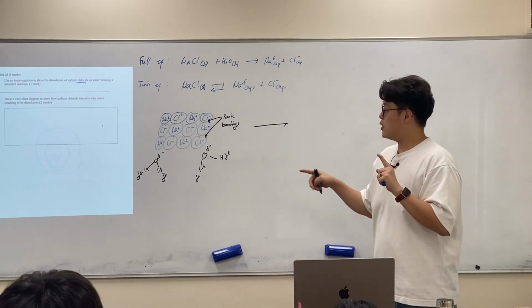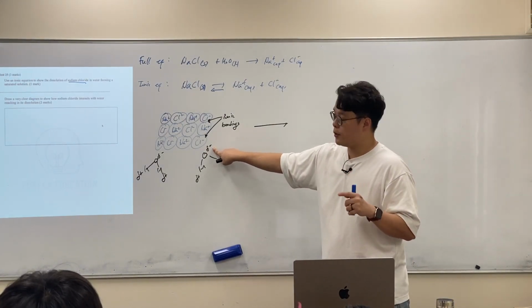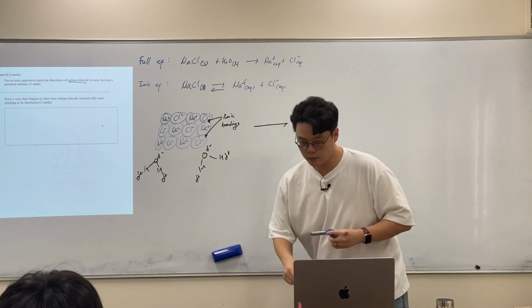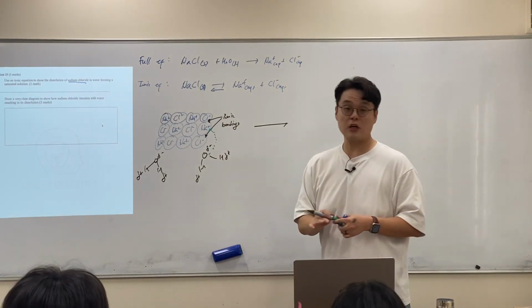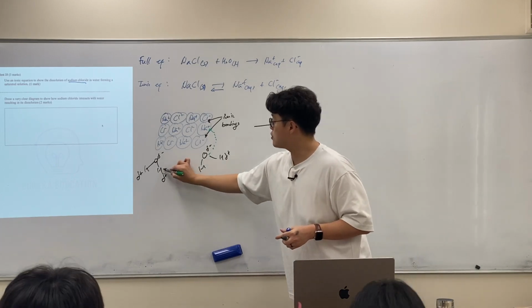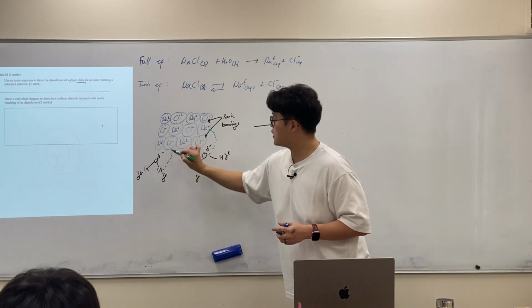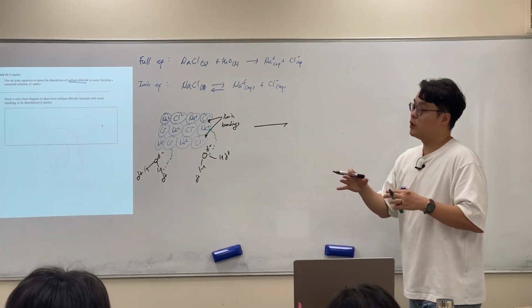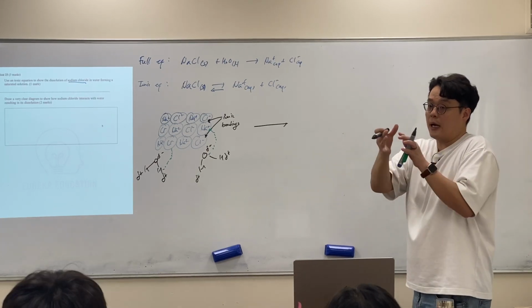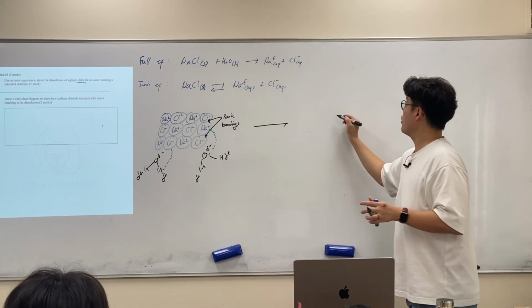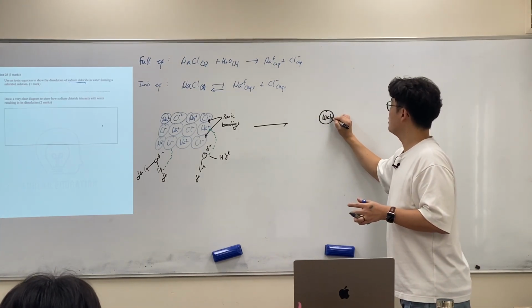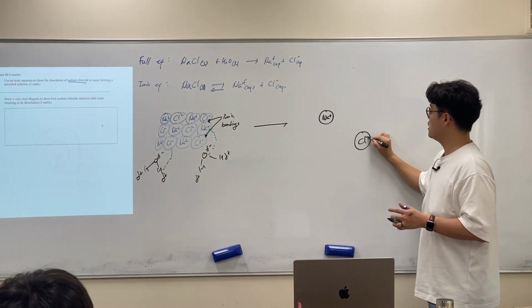So this minus will be attracted towards the positive charge over here, and this plus will be attracted to the negative there. So what happens is it will separate the ions, breaking down the ionic bonding, separating the sodium ions and chloride ions like this.